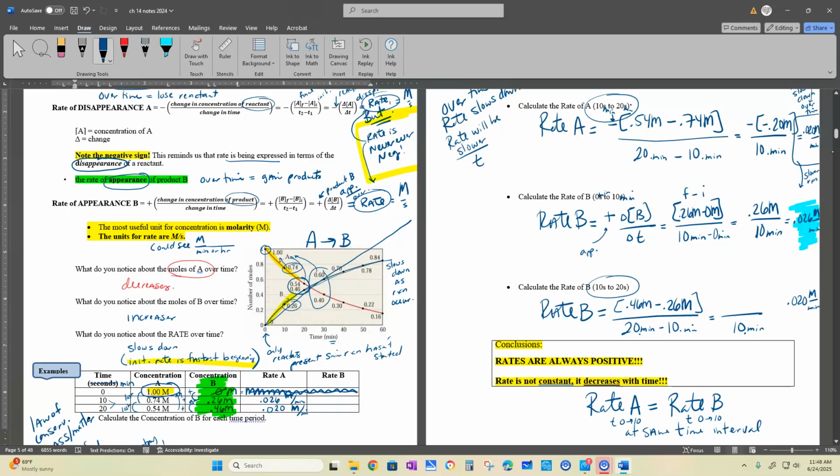So 46 minus 26, and look right there. It's going to be the exact same thing as that 0.20. And 20 divided by 10, and there it is. I like to put the plus sign in front of it to remind me that that plus sign means it's appearing, and the minus is disappearing. So conclusion, rate is always positive, no matter what. But it's not constant. It will decrease over time, which means it gets slower over time.